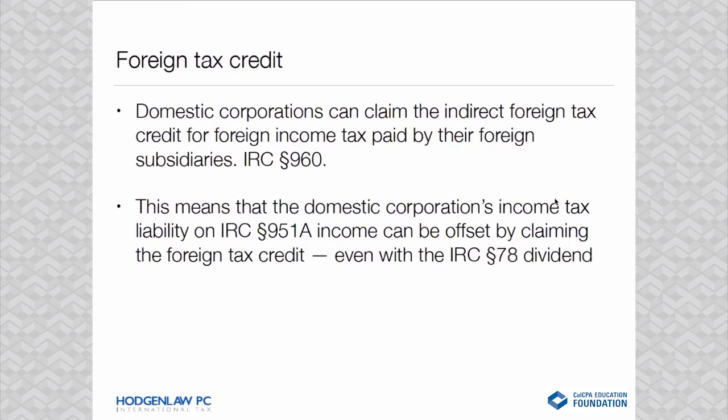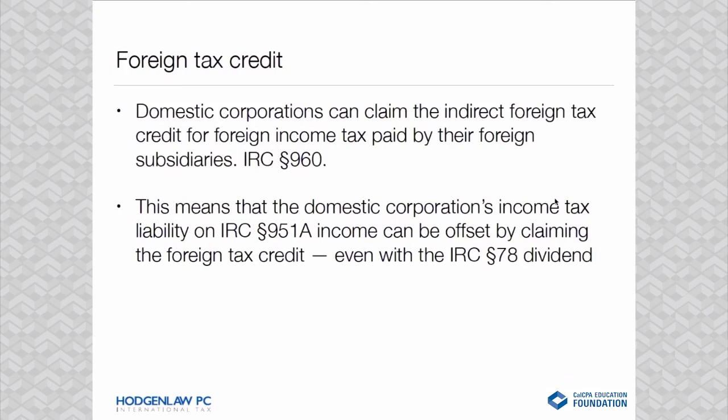And here's the clue, Section 960. Just as it worked super well for the situation where you had the individual make the Section 962 election, the Section 960 indirect foreign tax credit works super well for the classic parent-subsidiary structure.